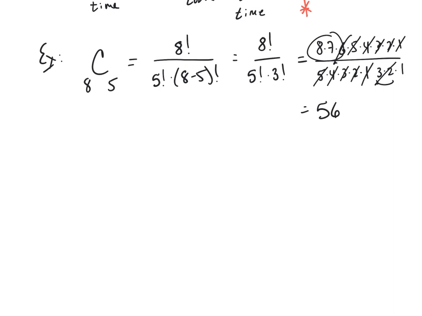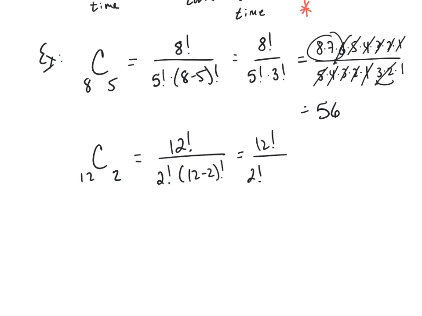All right, try a couple more. As an example, what would be the number of combinations of 12 things selected 2 at a time? Again, our formula says this is going to be the total number of objects taken factorial, so 12 factorial, divided by the number at a time factorial multiplied by the difference factorial. So this would then become 12 factorial divided by 2 factorial, 10 factorial.